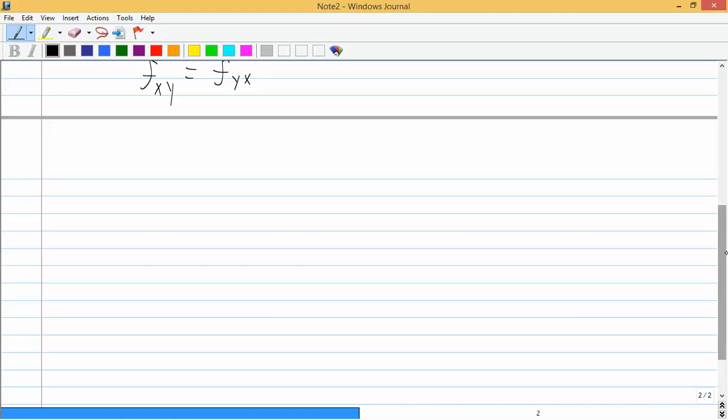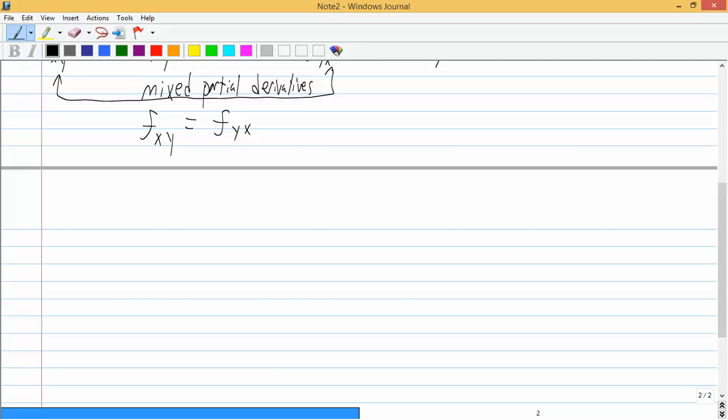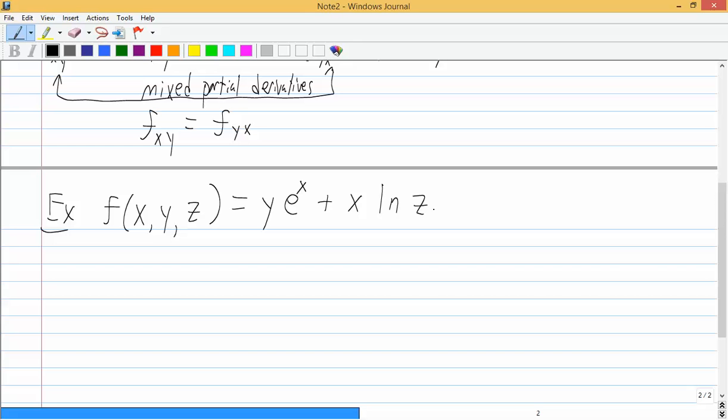Let's say that I have f of x, y, z equals y e to the x plus x times the natural log of z. I don't think we've worked this one.